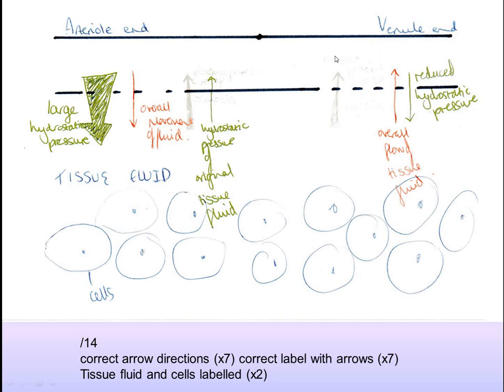So that osmotic pressure is higher than the hydrostatic pressure the other way. So the overall flow of tissue fluid is back into the venule end of the capillary. Most of the tissue fluid gets reabsorbed this way. Any that is left will drain through the lymphatic system, back into two lymph vessels which drain back into the heart. And that is a summary of tissue fluid.